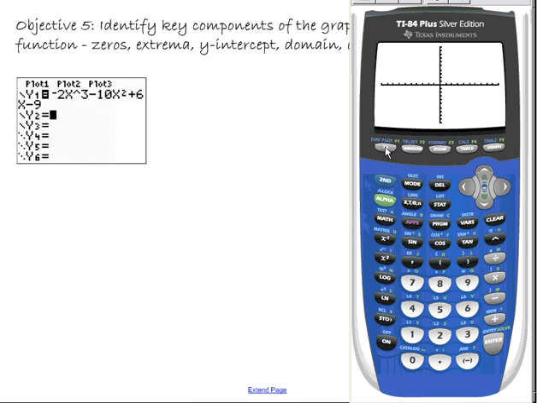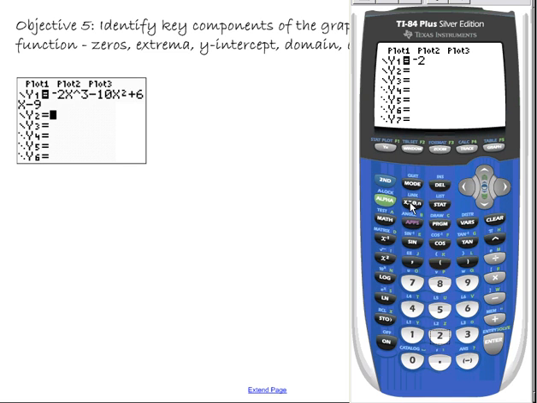So what I would need to do is go to y equals and input this function, negative 2x to the third minus 10x squared plus 6x minus 9. Now before I hit graph, what do we know about this graph?